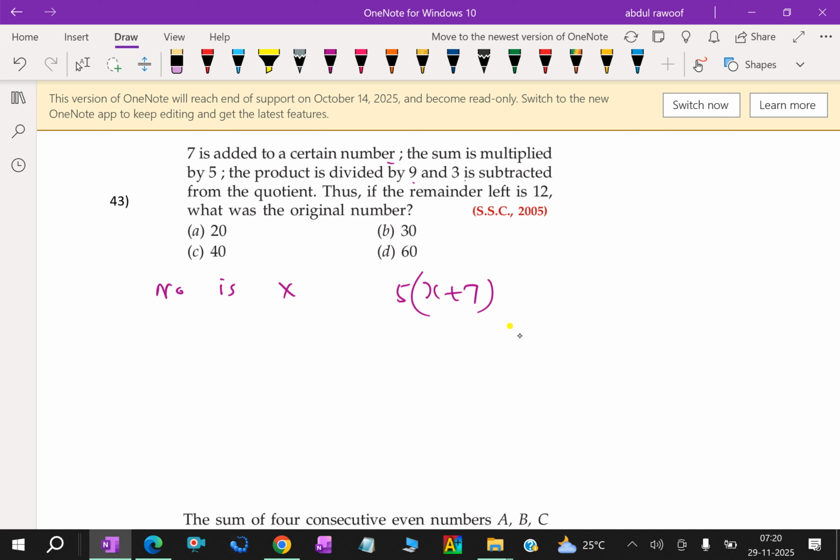Then 3 is subtracted from the quotient. Thus, if the remainder is 12, the remainder is 12 means that 12 is added.